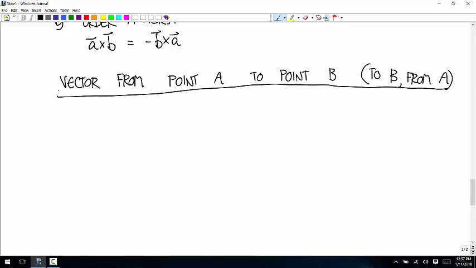And also when I talk about points, I'm talking about the coordinates of that point.